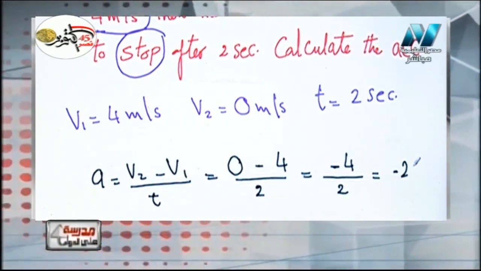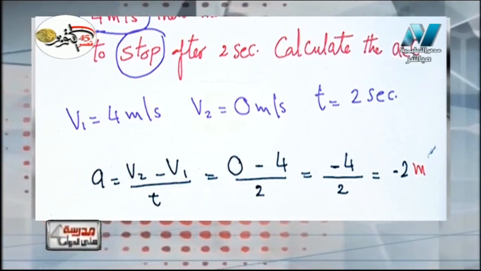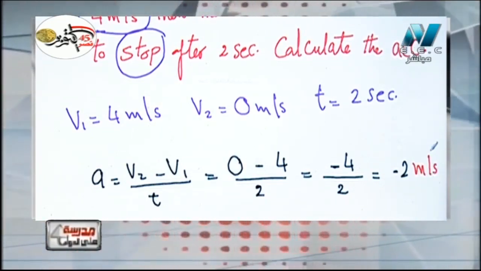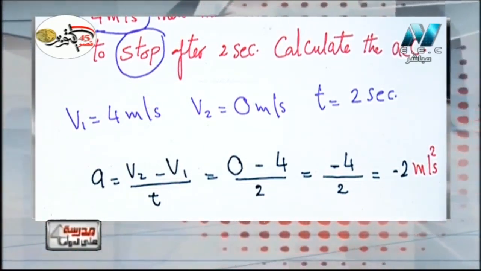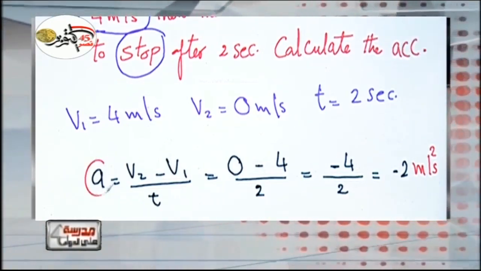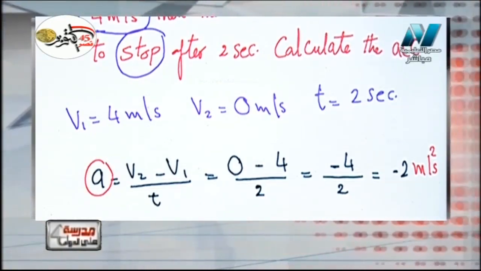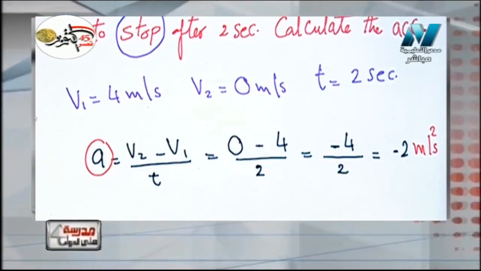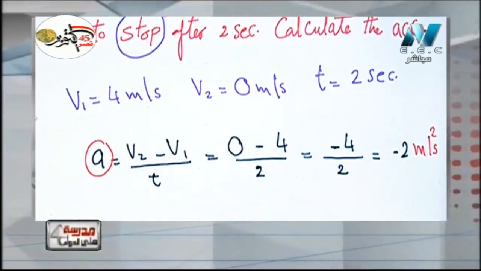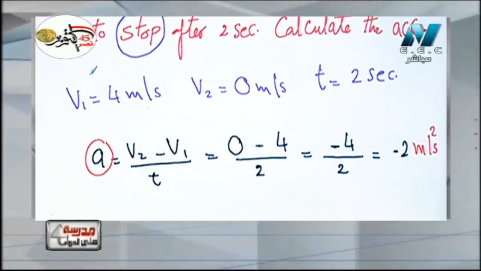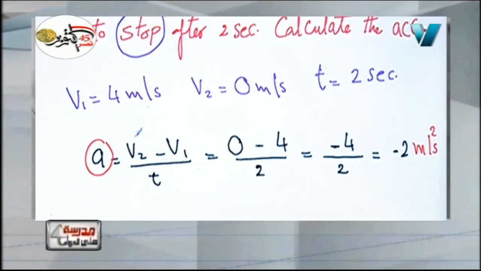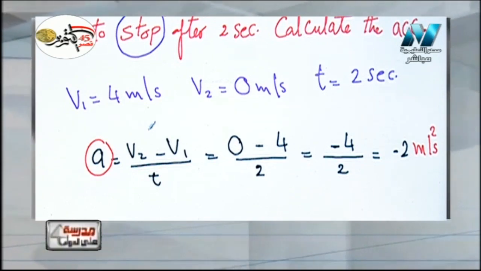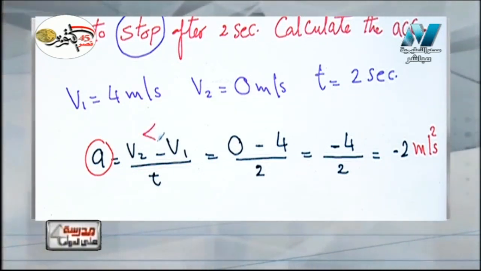Negative 2 what? Meter per second power 2. Why? Because we talk about acceleration. And here the type of acceleration is what? Is negative acceleration. يعني the speed decreases as time passes. So V2 what? Less than V1.